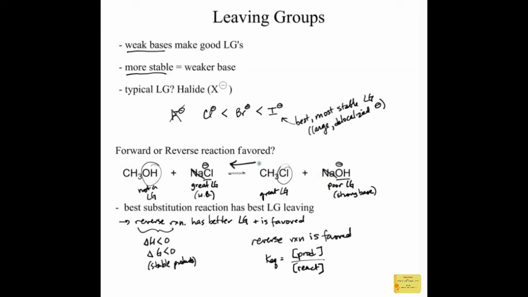If the reverse reaction is favored, these starting materials, these reactants, are the ones we're going to have in the highest concentration. These are the most stable. So that makes this the higher number. So KEQ is going to be less than 1 for this substitution reaction. So anytime we have an alkyl halide, that's typically going to be a very good substitution and very favorable because it gives a very stable halide leaving group.